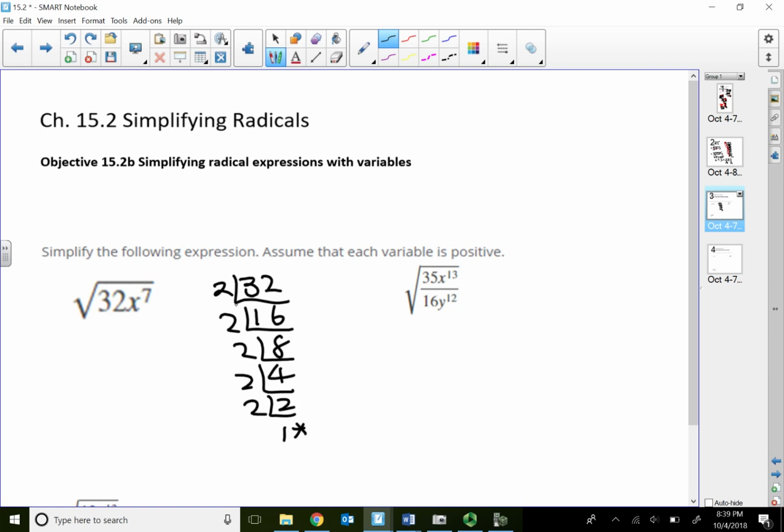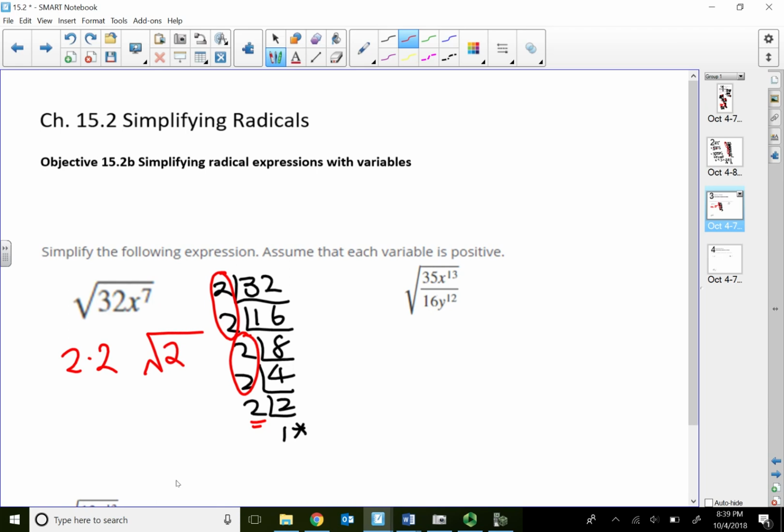So the 32 is made out of 5 different 2's. But since I'm dealing with square roots, I only need to take 2 of them to the outside at a time. So these 2 go outside as one 2, these 2 go outside as another 2, and this last 2 has nobody to go outside with, so it has to stay on the inside.